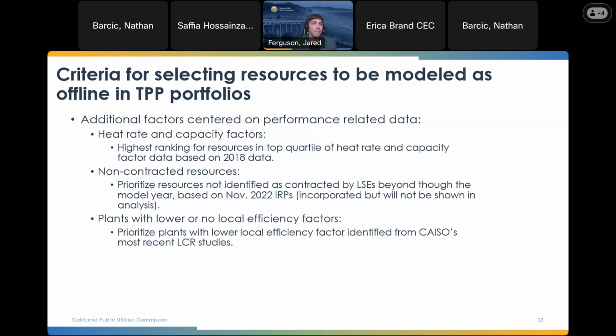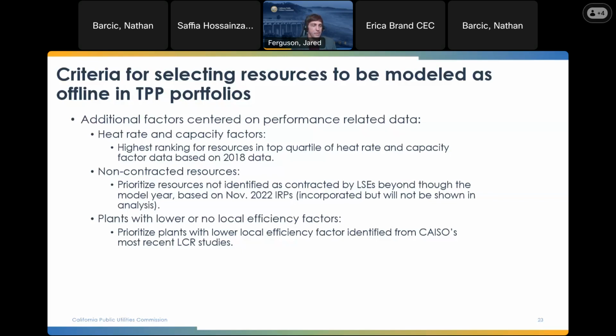And then finally we are incorporating the local efficiency factor, which plants in LCR areas will have from the most recent CAISO LCR studies, and we're giving the highest rank again to plants with low or no efficiency factor. And so those are the roughly 7-8 criteria we are incorporating into this analysis.